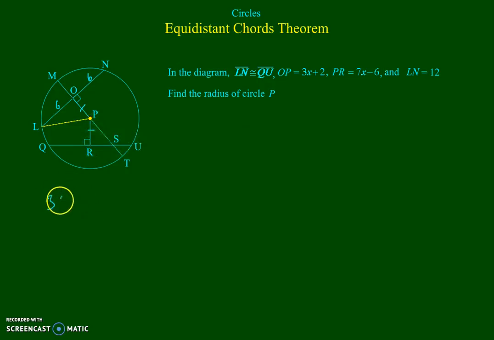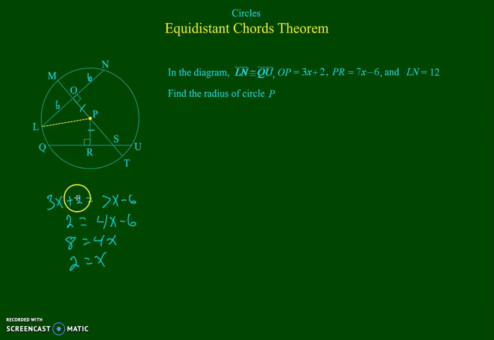So 3x plus 2 equals 7x minus 6. Let's subtract 3x from both sides: 2 equals 4x minus 6. Let's add the 6: 8 equals 4x. Divide by 4: 2 equals x.